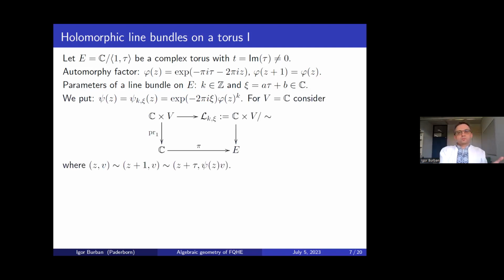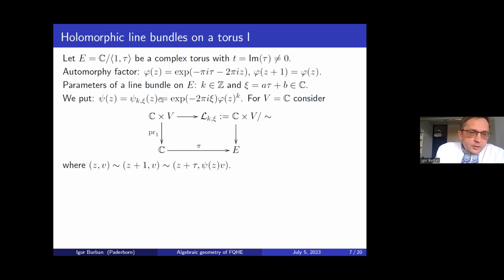And now I can tell you what a holomorphic line bundle on a torus is. A holomorphic line bundle on a torus is denoted here in my diagram as L_{k,xi}. So what is it?